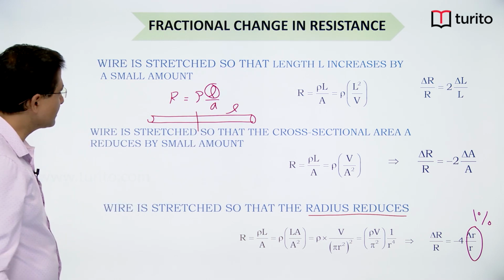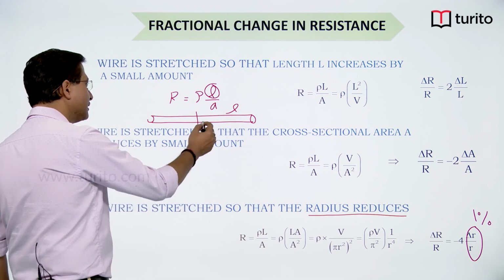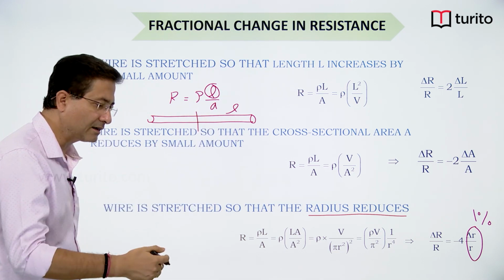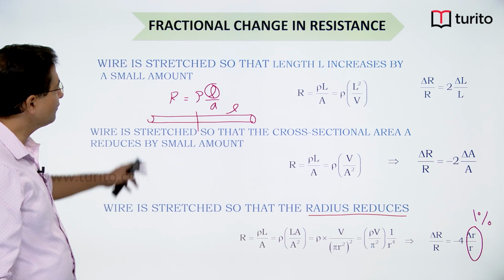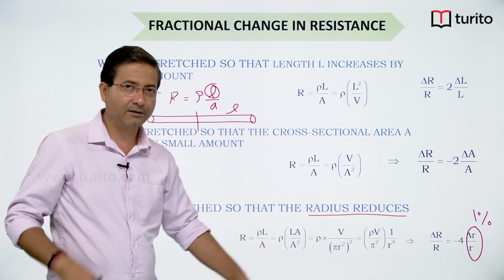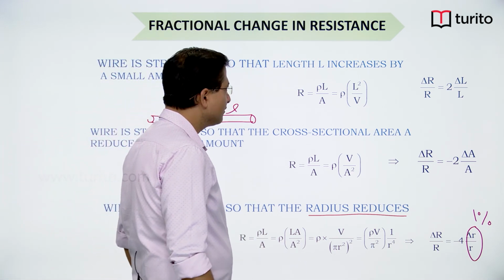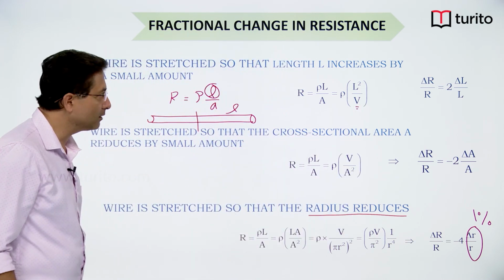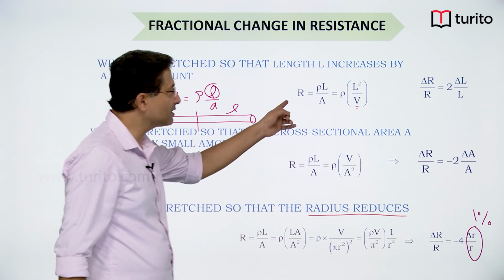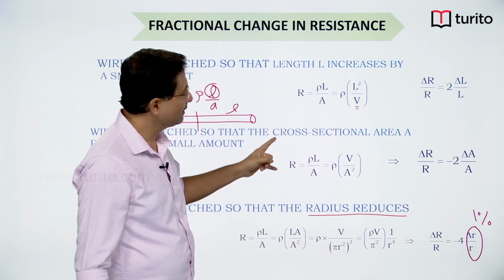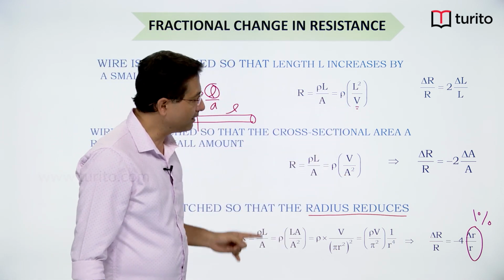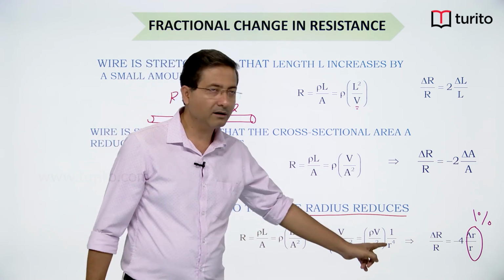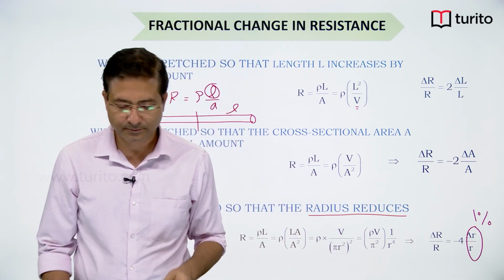So, resistance reduces when length reduces, when you are cutting the wire. Here we are not cutting the wire, we are stretching the wire. So, stretching the wire, we know that volume is constant, we try to get the whole expression in terms of volume, and we can relate resistance with the length, with the area, and with the radius.